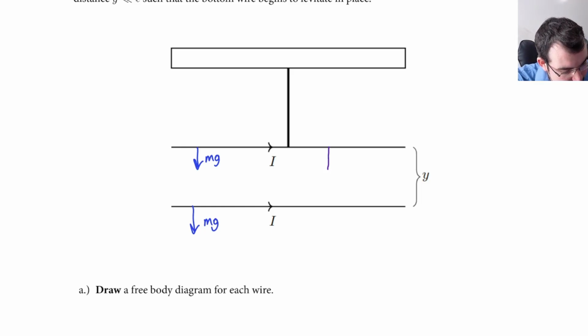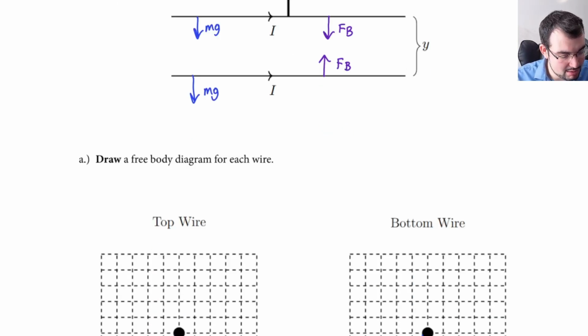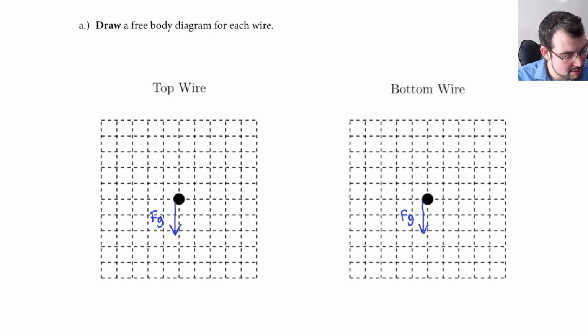So there's actually going to be a magnetic force causing an attractive force there, and a magnetic force causing an attractive force there. All right. Now, if this wire is on the ground, it would have some sort of normal force from the ground up, but it doesn't. So actually, we're done with the bottom wire. The bottom wire is going to have an attractive magnetic force.